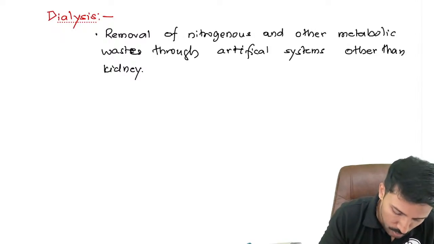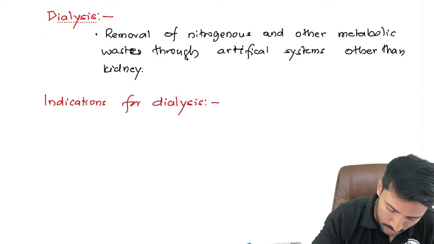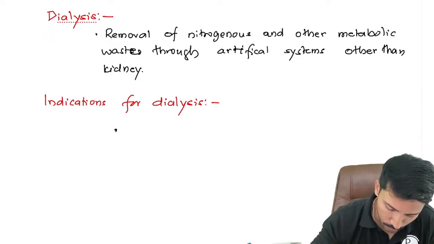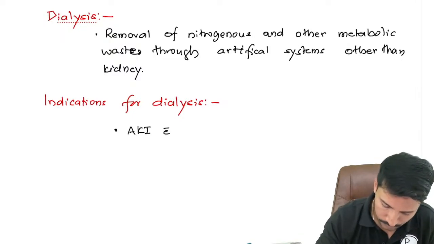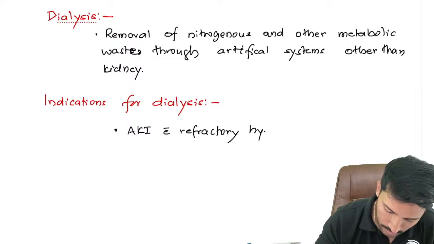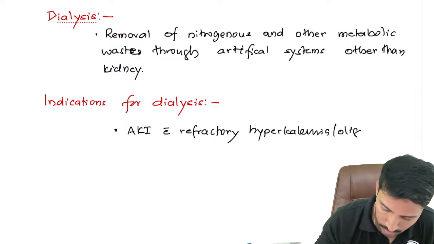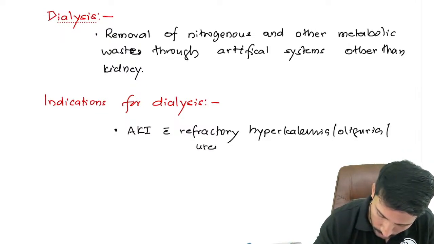Now, how many types of dialysis are there and what are the indications? So indications for dialysis. When do we need to start dialysis? Okay, so the indications for dialysis are: number 1, acute kidney injury with refractory hyperkalemia, oliguria, or uremic complications.